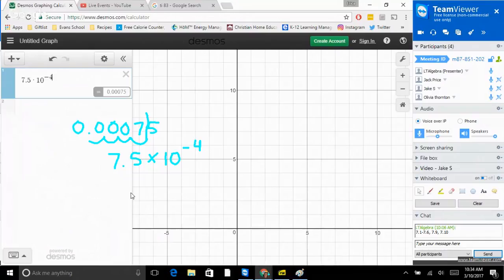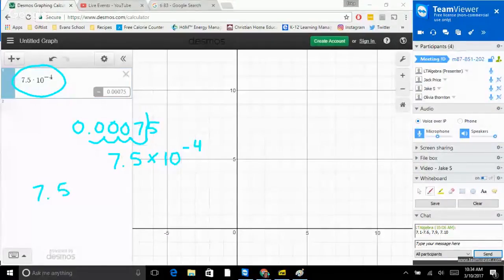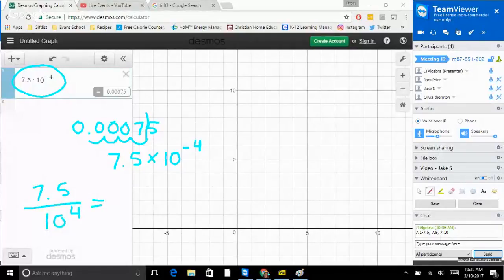I'm going to tell you one other thing. I don't know if it's going to confuse you or not, but it's just another way to think about this. 7.5 times 10 to the negative 4th power is the same as 7.5 over 10 to the positive 4th power, right? Because it's a negative and you can flip it. I always forget how many zeros it is.